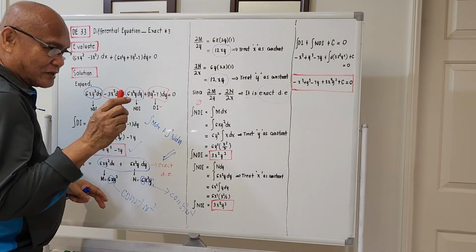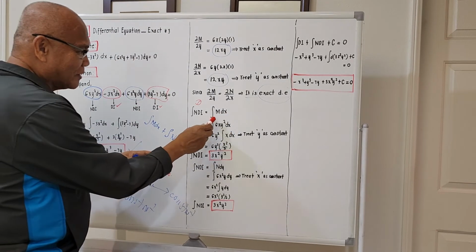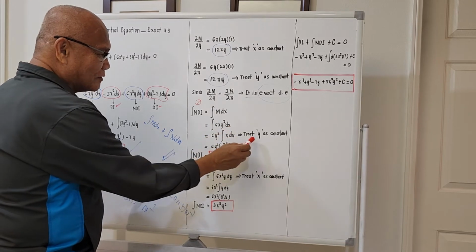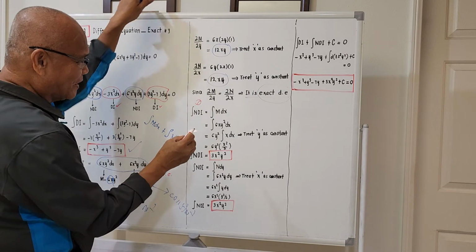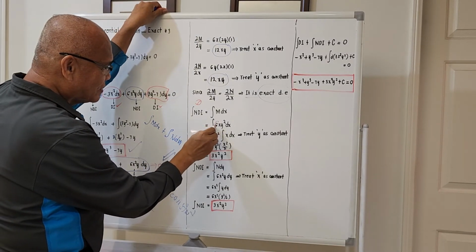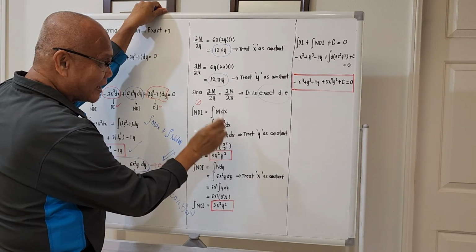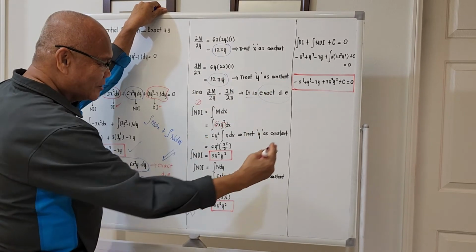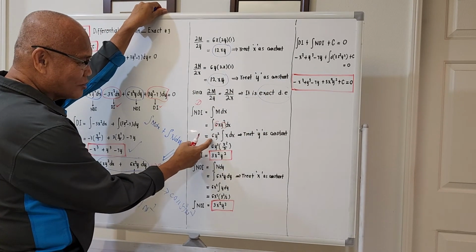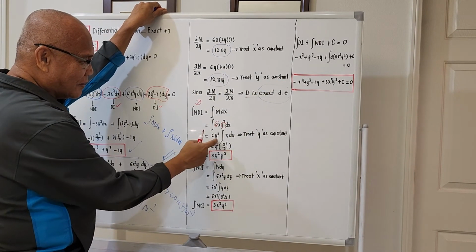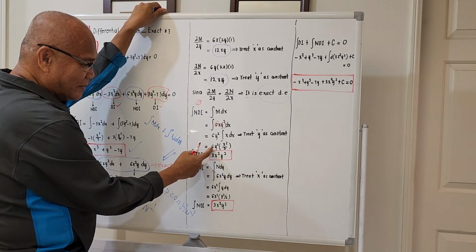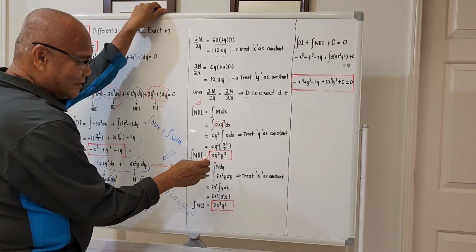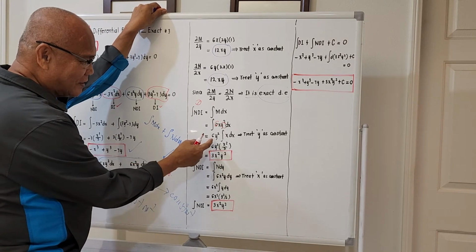But there's a concept over here that while you are integrating with respect to x, treat any y as constant. So the product of 6 and y squared are constant for the meantime. So we bring it out. So it will be 6y squared, the integral of x dx. Under normal integration, this is not allowed.